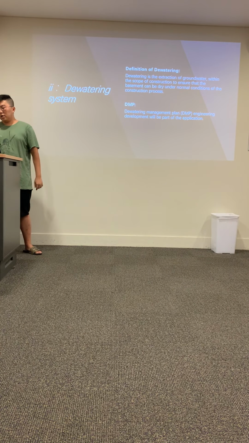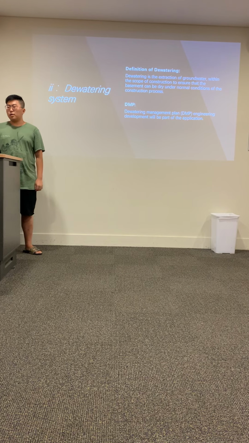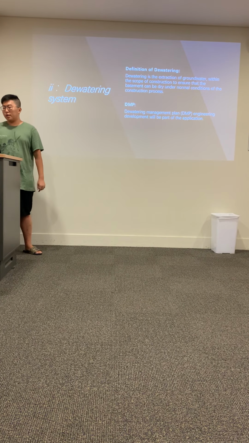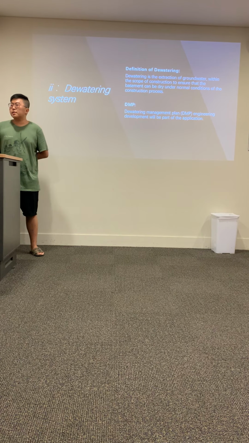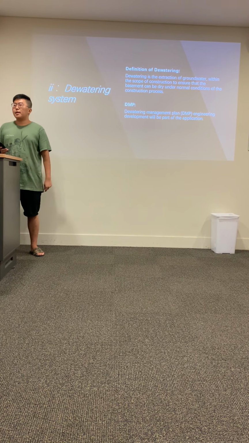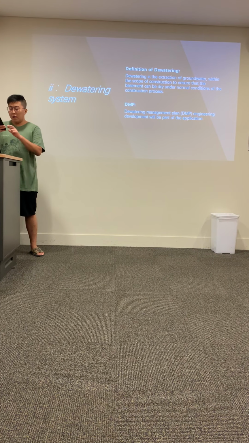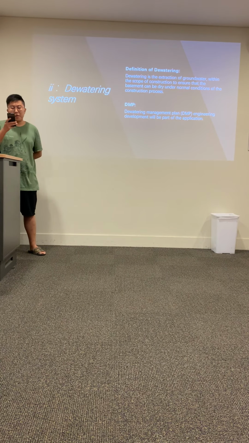Now let's talk about the dewatering system. Definition of the dewatering system. Dewatering is the removal of groundwater within the scope of construction to ensure that the basement can be dry under normal conditions of the construction process. Then there is the DMP, Dewatering Management Plan.